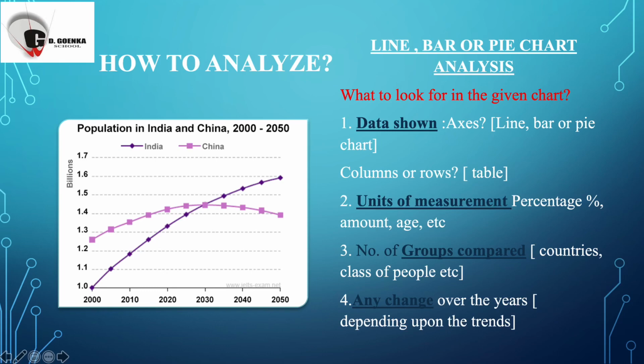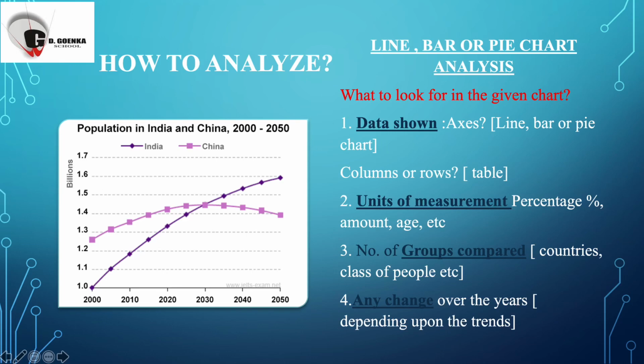So, after analyzing the data, you can write that the graph shows how the populations of India and China have changed since 2000 and how they will change in the future. Next, you need to see the units of measurement. For example, amount, percentage, etc. Is it in million or is it in thousands?